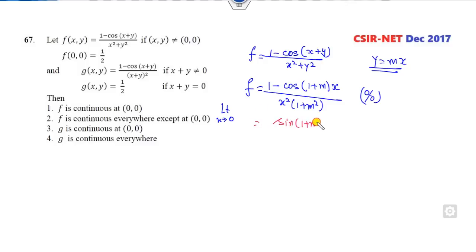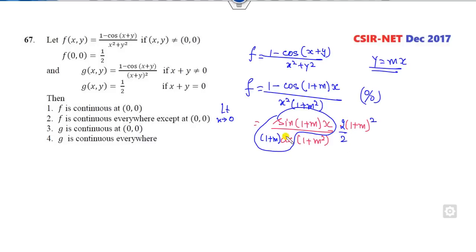Sine 1 plus mx into 1 plus m divided by 2x 1 plus m square. Fine. So I can multiply this by 1 plus m. As x approaches here, I can multiply by 2 and divide it by 2.